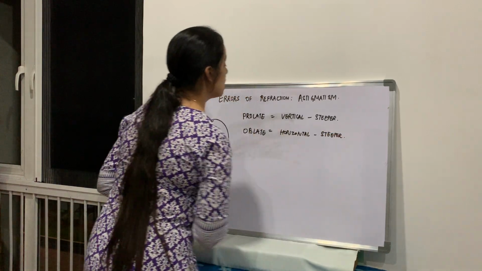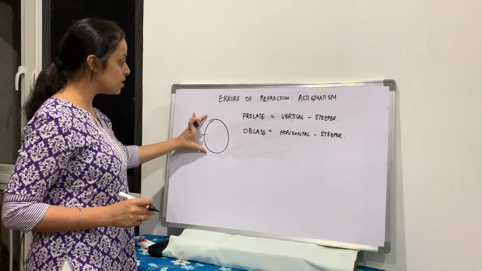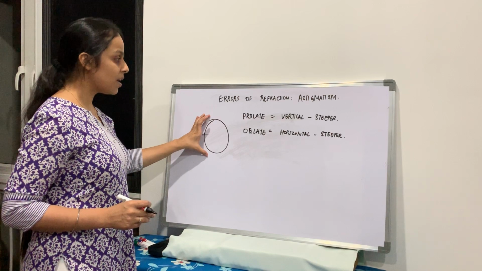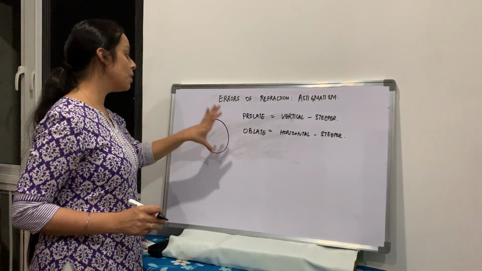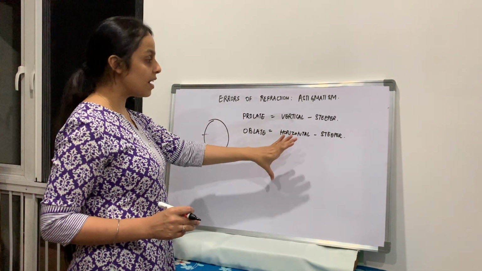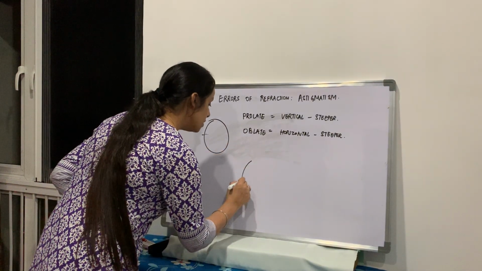Right? So, in case of astigmatism, the refractive surface, the cornea or the lens, is not correctly spherical, rather it can be a prolate or oblate structure, as a result of which the parallel rays of light which are coming are not able to form a point focus, rather they will form a focal line. Okay, so what will happen?